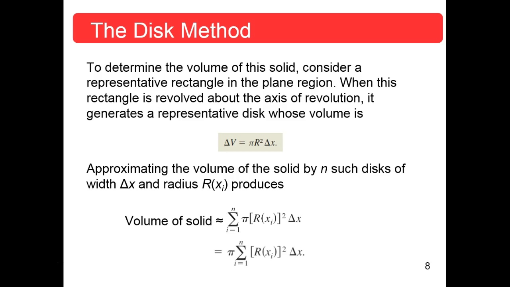Then the volume would be the summation of all those, and this would be the pi r of x sub i squared times delta x. You can pull the pi outside the summation, and it would just be r of x at x sub i squared times the delta x. And I think you know where we're heading here. Let's take the limit of that.